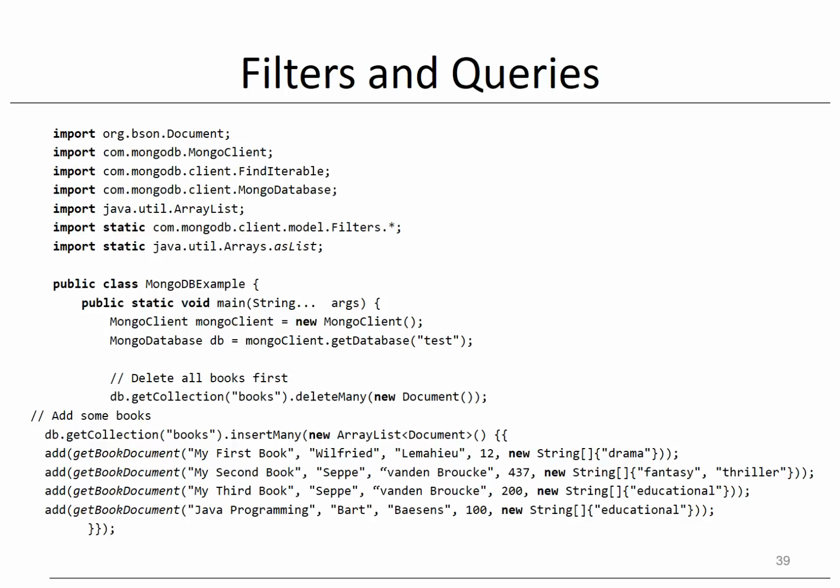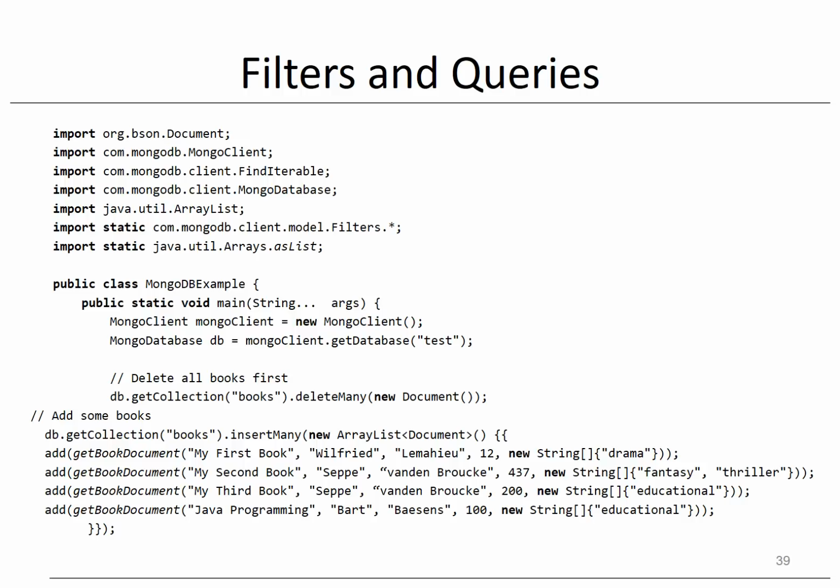To illustrate a basic example, the Java code here shows how you can connect to a MongoDB instance, insert some documents, query, and update them. We set up a Mongo client and Mongo database to establish a connection to MongoDB.